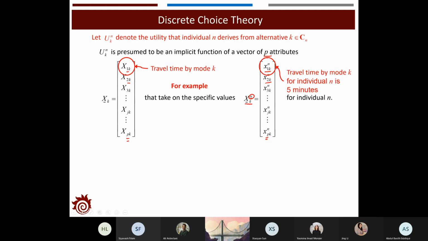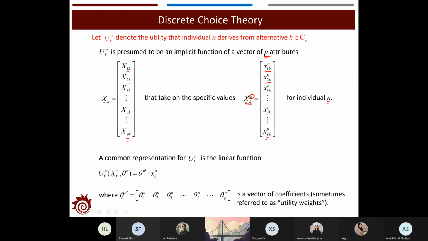For mode k, you have a travel time, say about 5 minutes for individual n. Then you will have the value in the x vector for individual n. Similarly, you can observe the other attributes for the specific mode and individual. Those are the independent variables for you to estimate the utility.